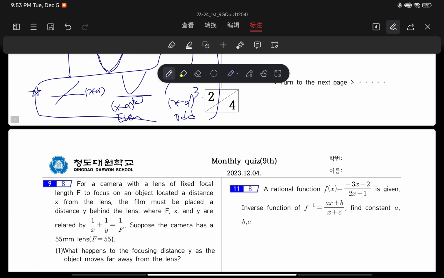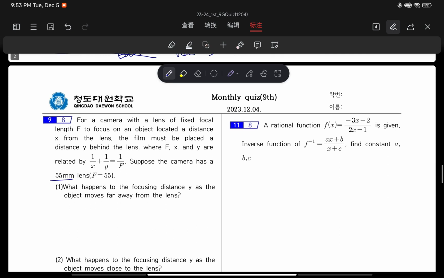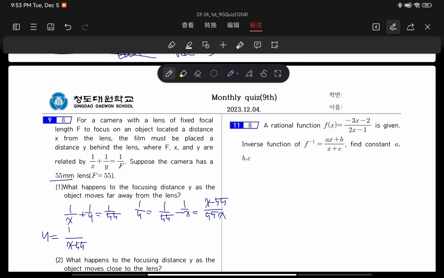Number 9. So put in x equal to 55. So x plus 1 over y equals 1 over 55. So 1 over y equals 1 over 55 minus 1 over x. You make some common denominators: 55x, x minus 55. So y equals 55x over x minus 55, which is 55 plus 55 squared over x minus 55.